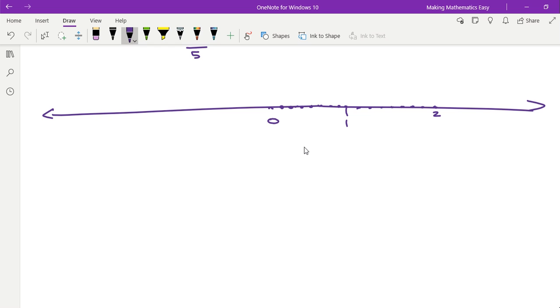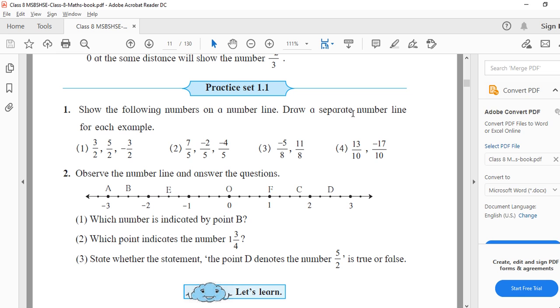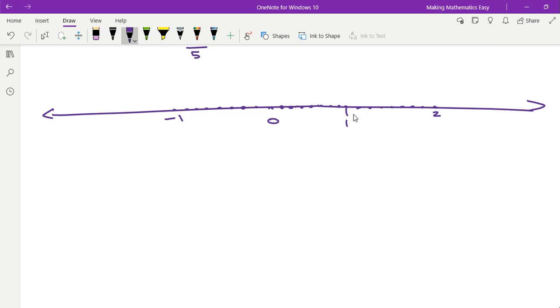On the negative side only 1, so not an issue on this side. 1 2 3 4 5 6 7 8. Now we need to show minus 5 upon 8, so this is 0 1 2 3 4 5, so this is my minus 5 upon 8.